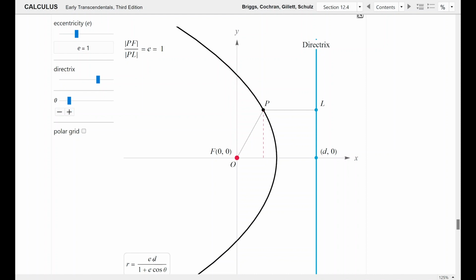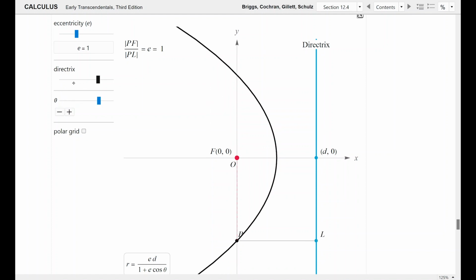And here you could see we have the equation r is equal to ed over 1 plus e cosine theta. And that's because our directrix is at x is equal to d. And we could see as we increase theta there, we're running along this parabola.